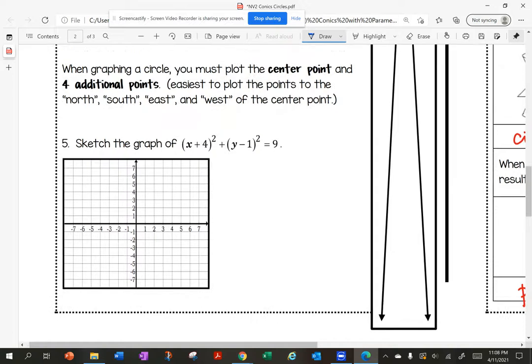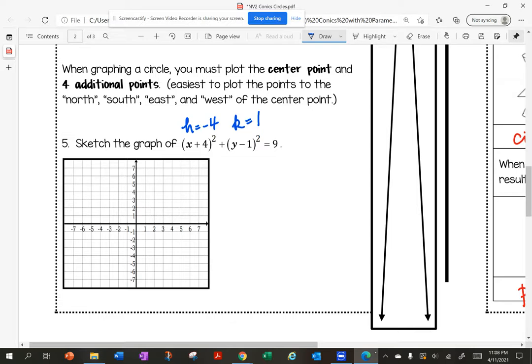Okay, when graphing a circle, I need to plot the center and I have 4 additional points. The best way to remember that is I want north, south, east, and west. So I need a radius away in the horizontal and the vertical directions. So sketch the graph of this equation. So h is negative 4 and k is 1.